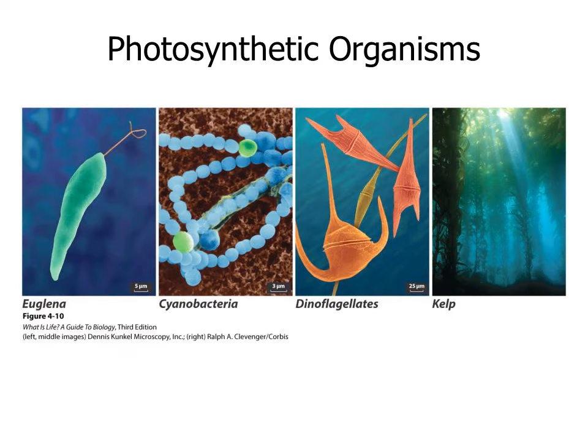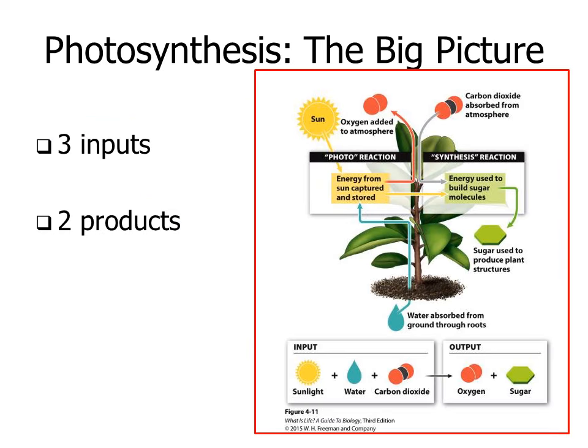I just want to point out here that although plants are the most visible organisms that have evolved the ability to capture light energy and convert it to organic matter through photosynthesis, they are not the only organisms capable of photosynthesis. There are bacteria and unicellular eukaryotic organisms also capable of using energy and sunlight to produce organic materials.